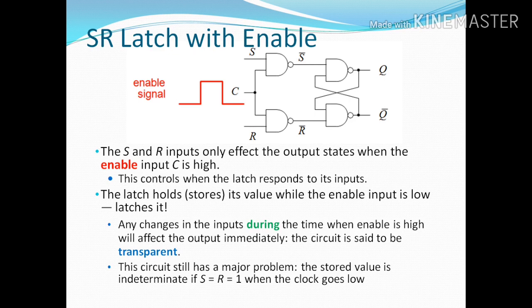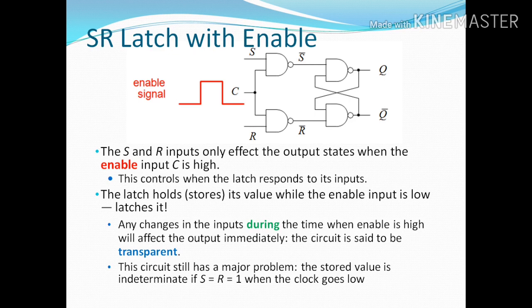If the clock pulse is given, that means right now it is not a latch at all, it becomes a flip-flop. So SR latch with enable clock pulse gives us: SR latch inputs only affect the output states when the enable input is high.